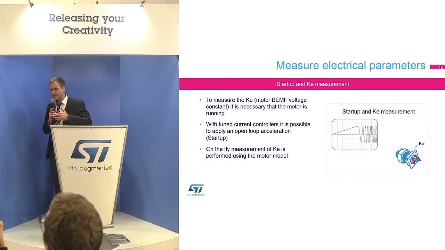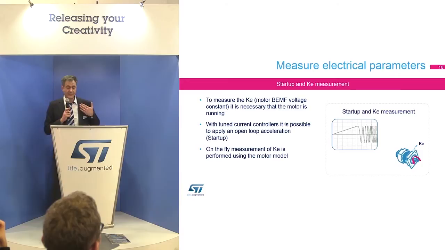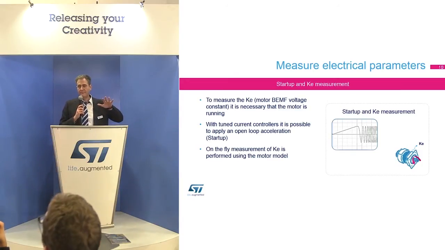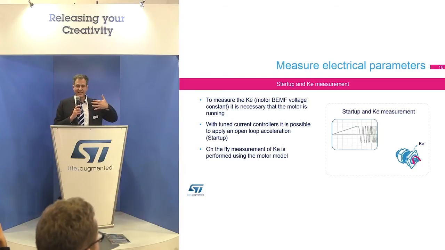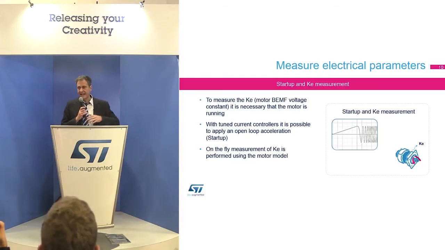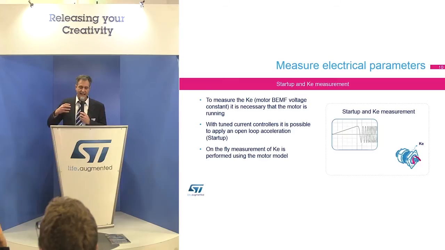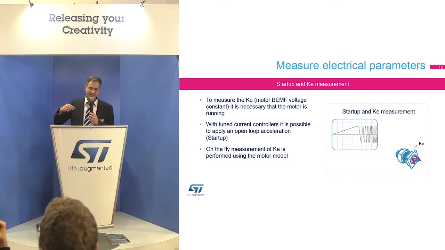When the current controller is tuned, it is possible to start up the motor. We start up the motor by generating an accelerating three-phase sinusoidal current. This produces a rotating field, and the motor will follow this field.